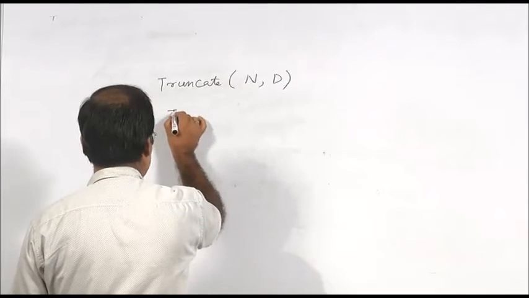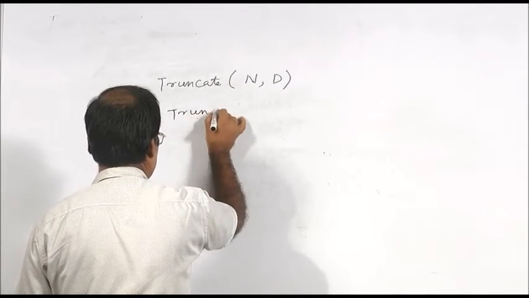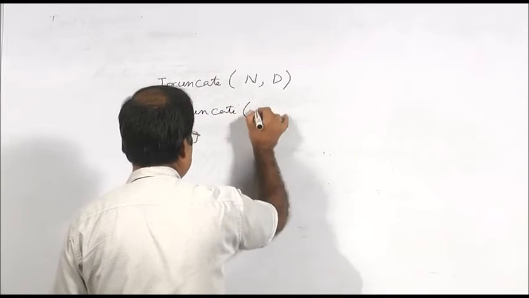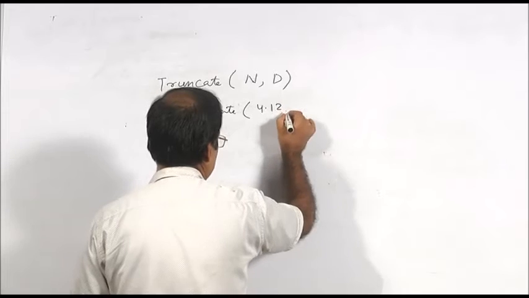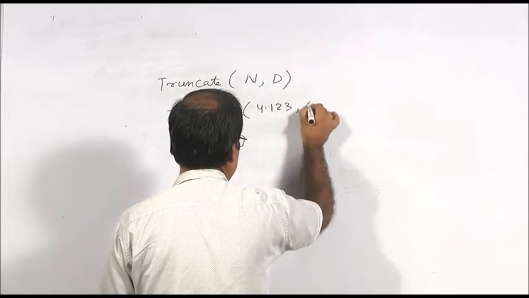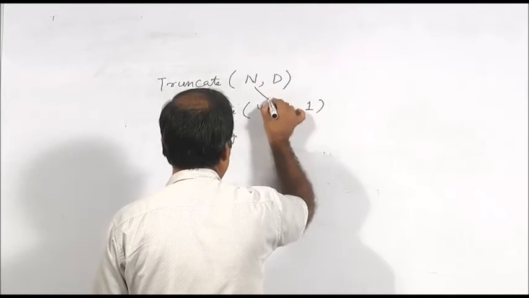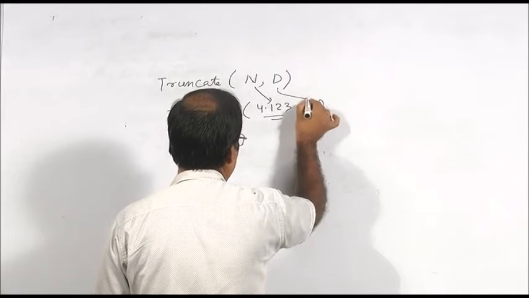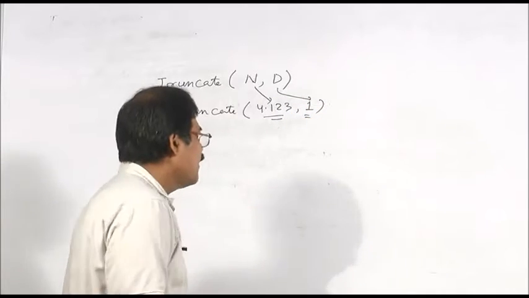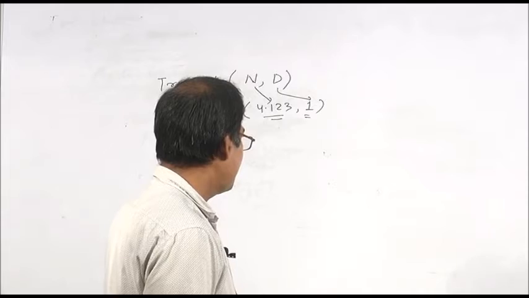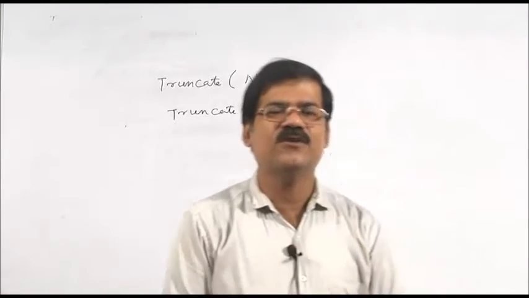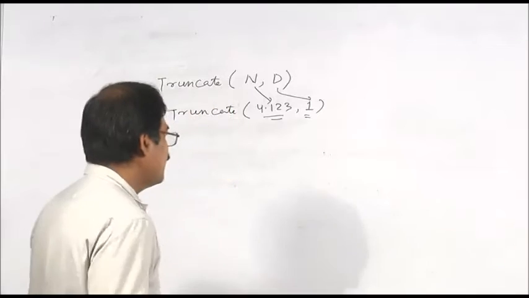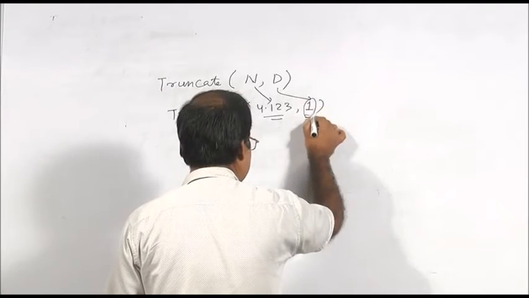For example, truncate(4.123, 1). This is the n value, and the d value is 1. That means after the decimal point only one place will be kept and the other values will be removed.